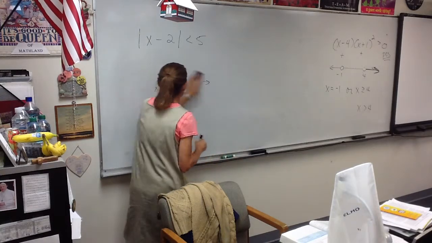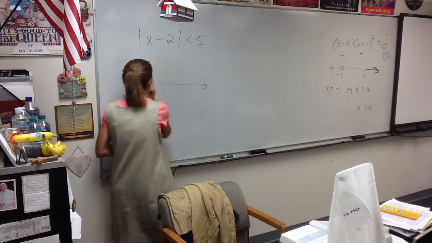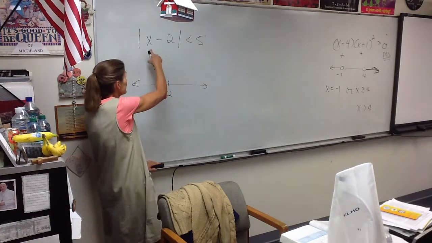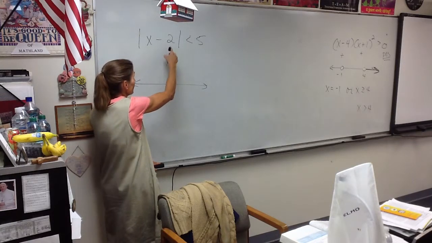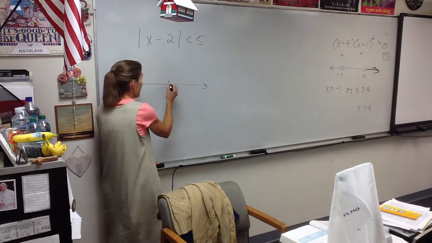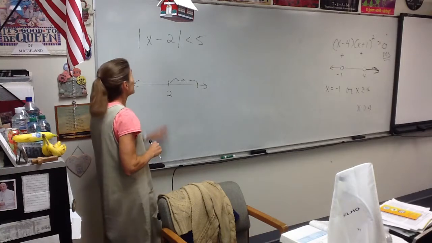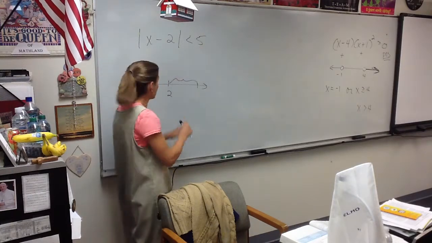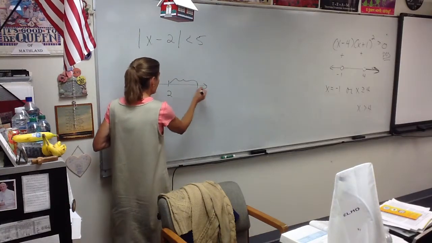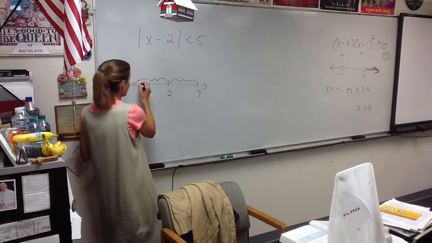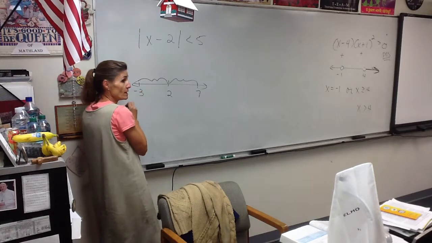I don't know where x is, but there's 2. The distance between some number and 2 is less than 5. So what would be the furthest out that number could be if its distance has to be less than 5? 7. And what if we went the other way, because we really don't know which way it is? -3.